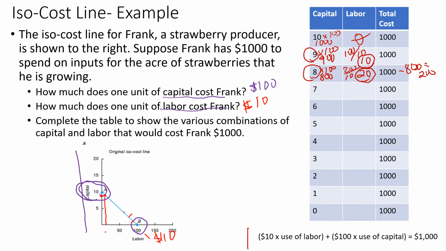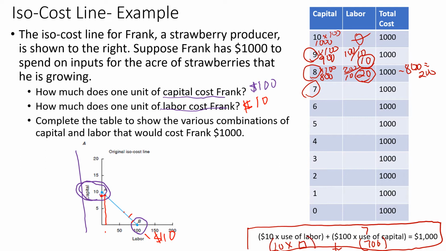You can use this equation too if you understand this a little bit better. So $100 times the use of capital. So if we did, let's do number 7 in that. So $100 times 7 is 700. We need to add that to $10 times X, basically.